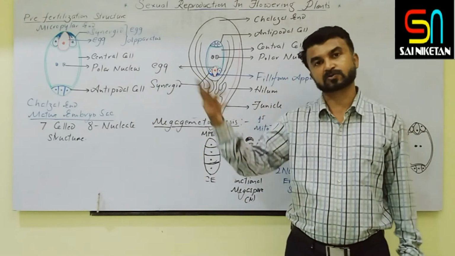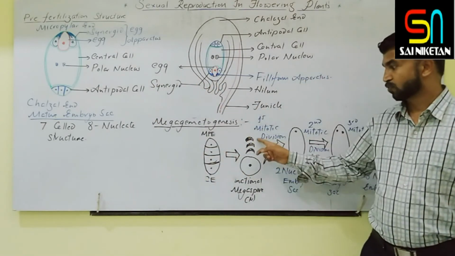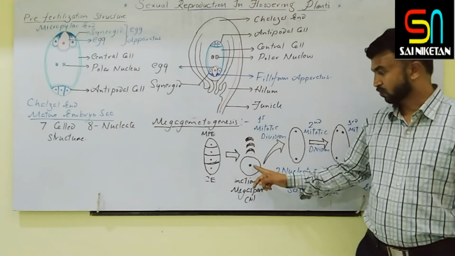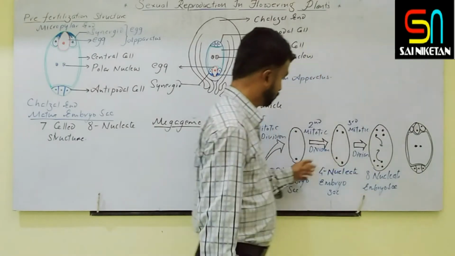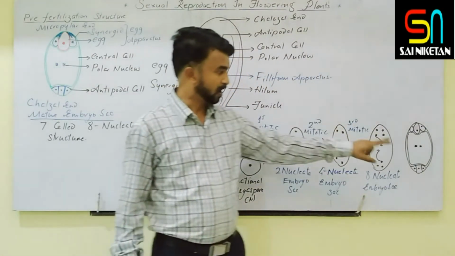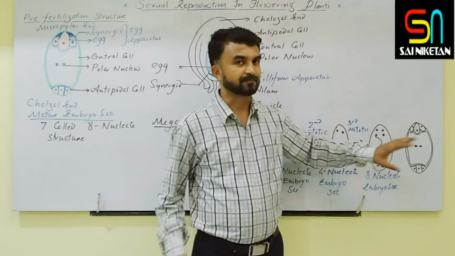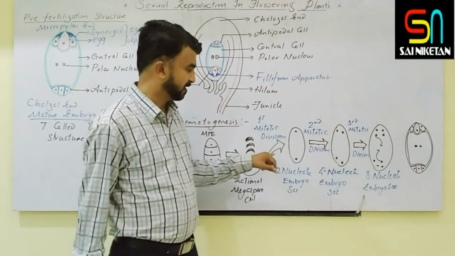If you take the female reproductive part, the megaspore mother cell undergoes meiosis and produces, as usual, 4 megaspores. Out of the 4 megaspores, 3 undergo degeneration, only 1 remains functional. That functional megaspore undergoes 3 successive divisions and produces the mature embryo sac. Here comes one point.